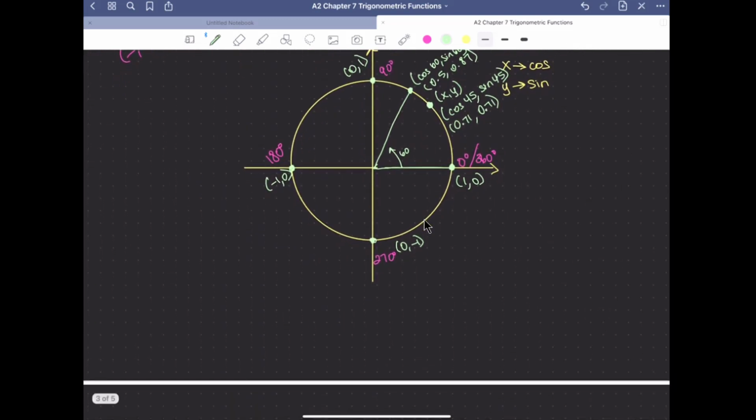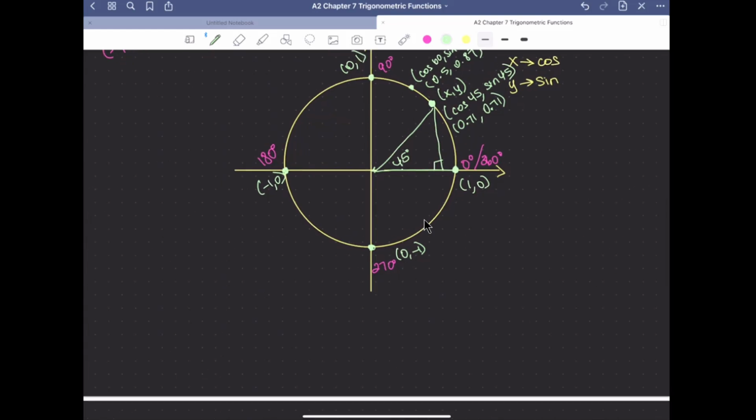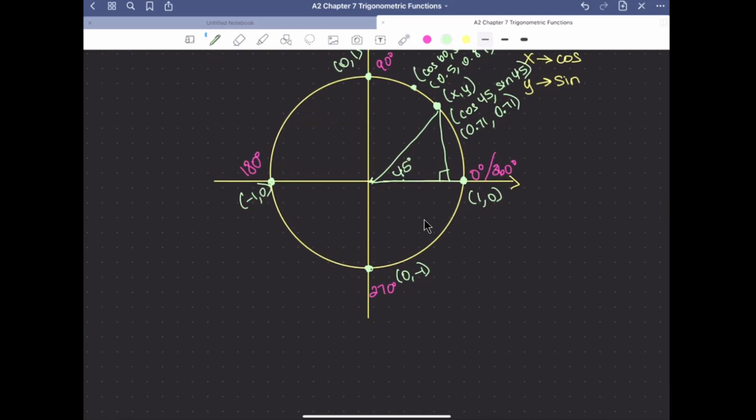If you go back to when we had that 45, you guys don't have to write this down. You know when we went back to that 45 degrees? And we knew this was 45 degrees. I can take from my point and drop that straight down and make a perpendicular with my axes. And what's my other little angle going to be up here? 45.